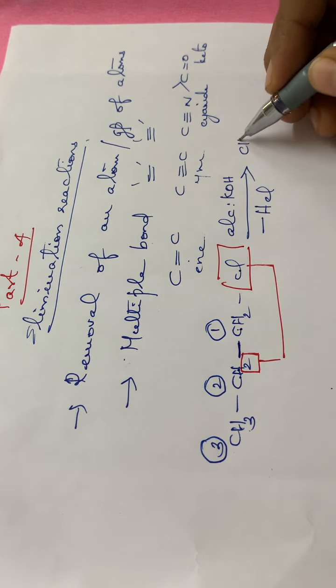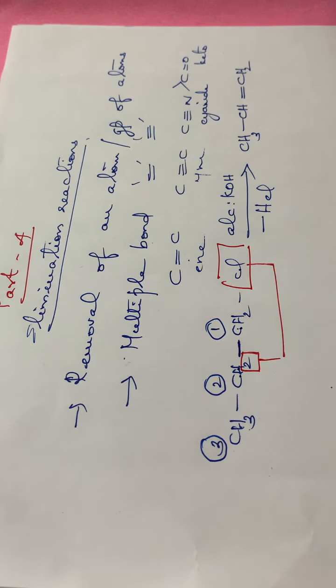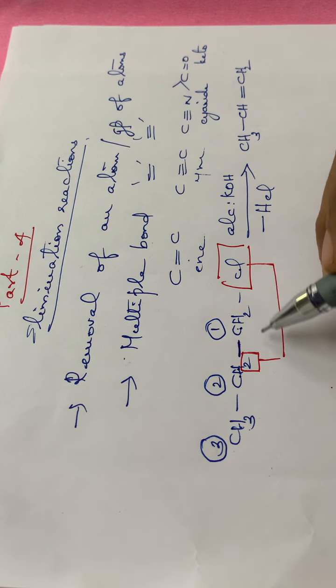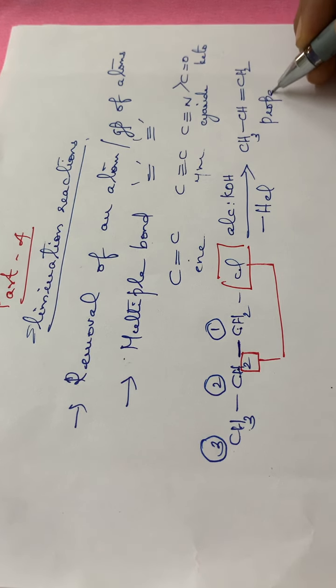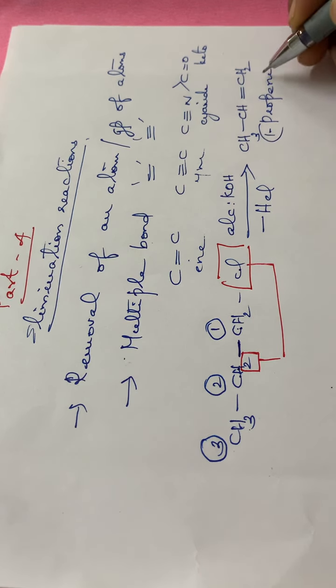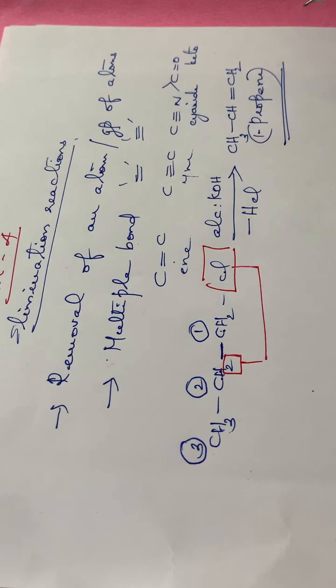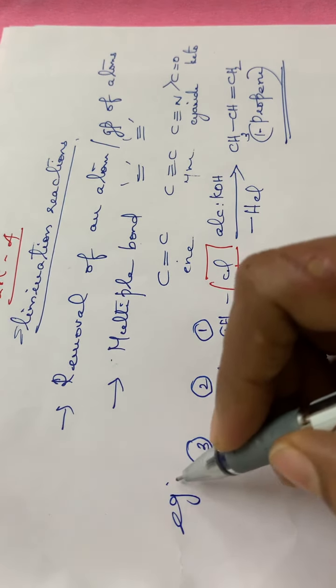So the product will be CH3CH=CH2. A double bonded compound is formed from an alkyl halide. This compound is propene, 1-propene. This is an example of an elimination reaction.